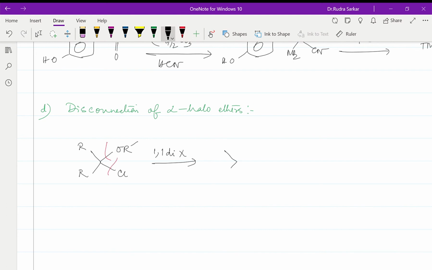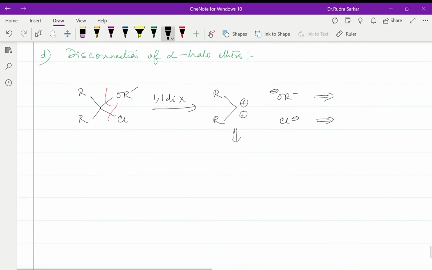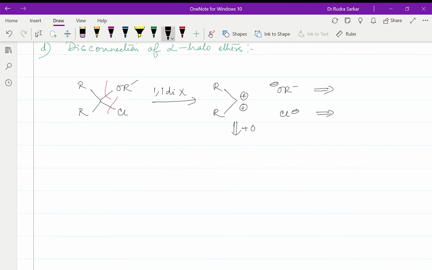Then that will lead to the formation of synthons like this. So this is OR prime minus, and this is Cl minus. So the synthons will lead to the reagents. Here when I have dipositive carbon, I will always add O2 minus, so that will give me the ketone like this, and we will add obviously H plus to neutralize the minus charge.